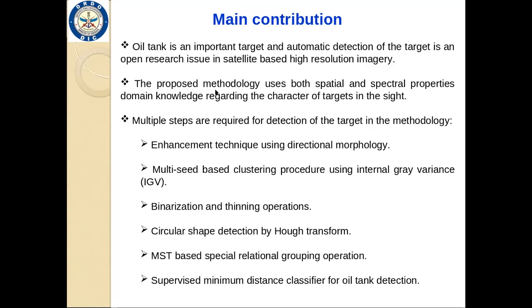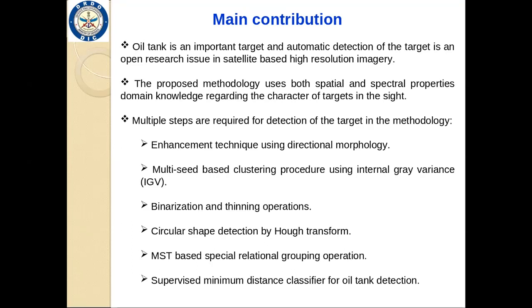So this proposed method uses spatial and spectral properties and domain knowledge regarding the character of the targets. I have designed multiple steps to find the oil tank. First of all, the target itself is very complicated, and with high resolution data, detecting a particular target from the rest of the image is difficult. So before going to cluster or segment, I impose an enhancement technique, which uses directional morphology.